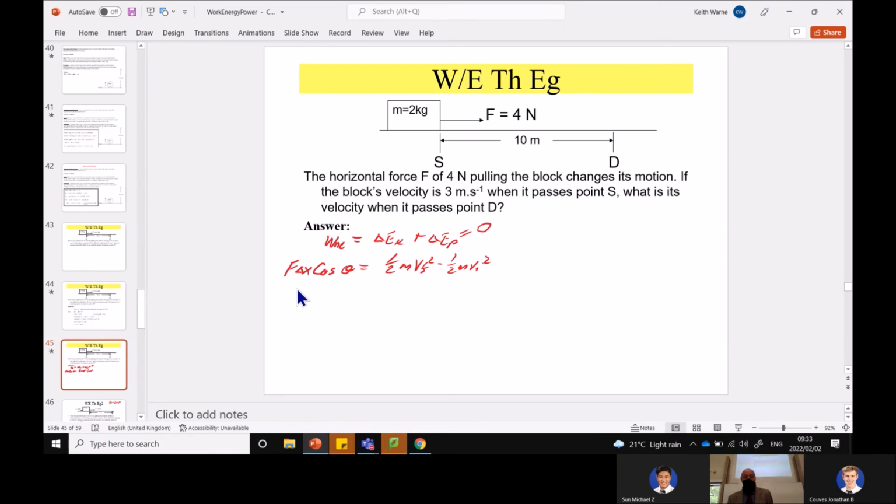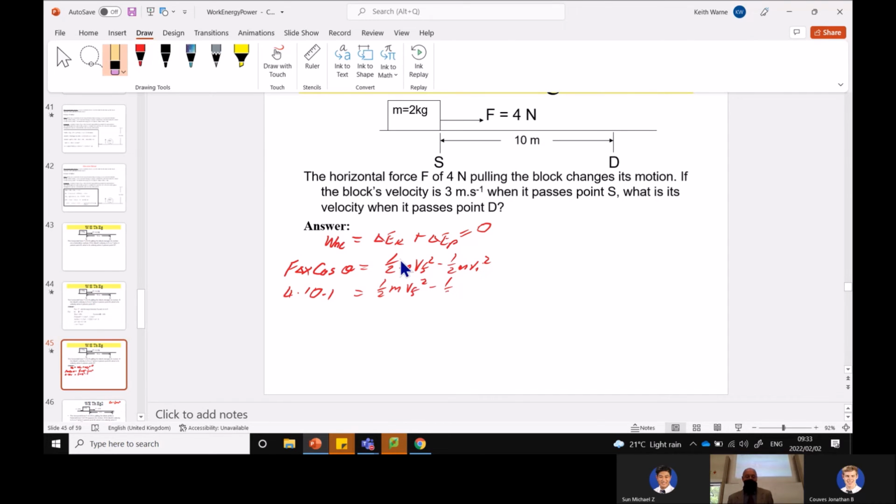Now here you've got 4 times 10 times 1 is equal to a half m vf squared minus half. Sorry, what's m? M is 2.